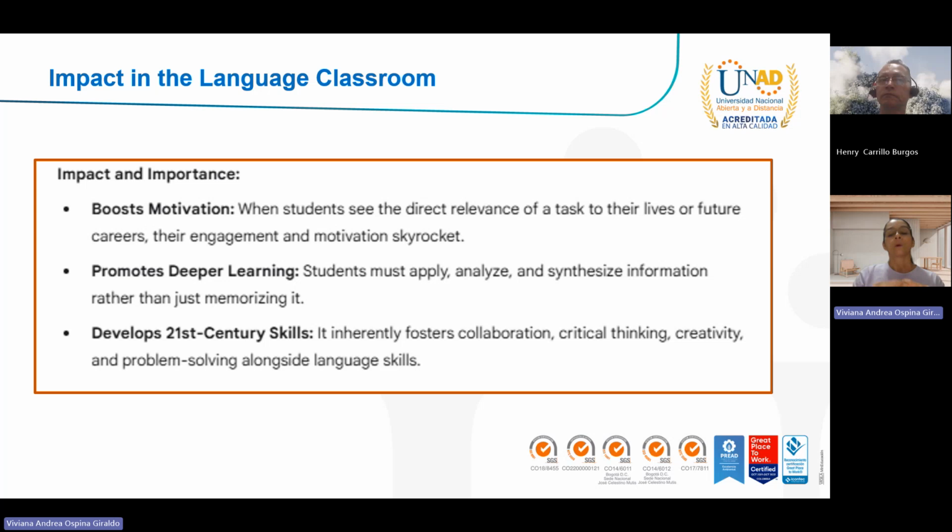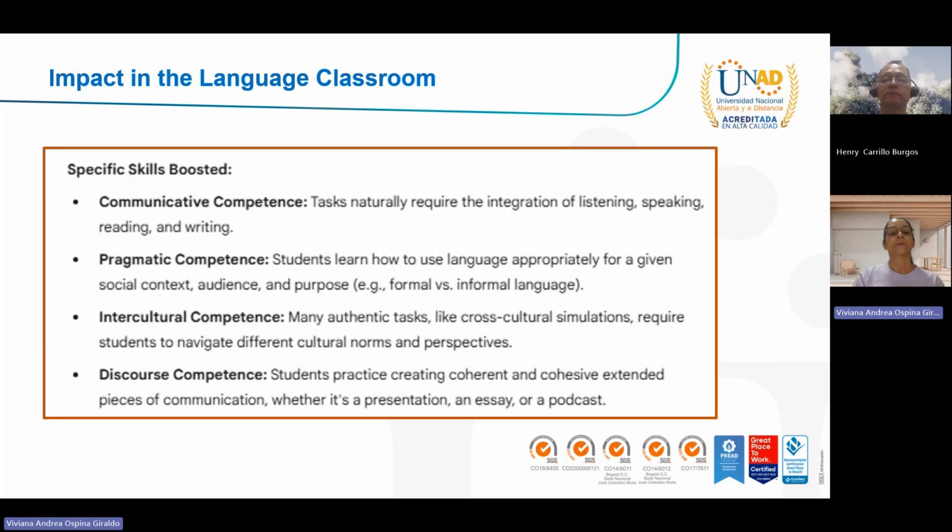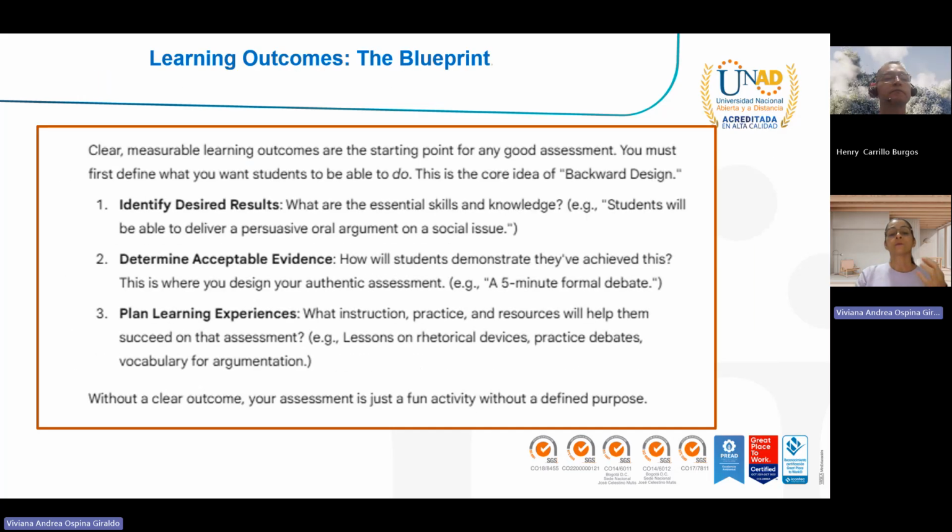Then we would have to also focus our assessment into being more authentic. So what skills are boosted once I bring authentic assessment into the classroom? The first thing I got here was when I bring authentic assessment to the classroom, I need to be very specific and explicit to my students as to what is expected of them, what they need to do, and how they will be graded.